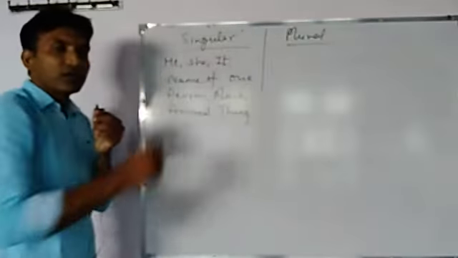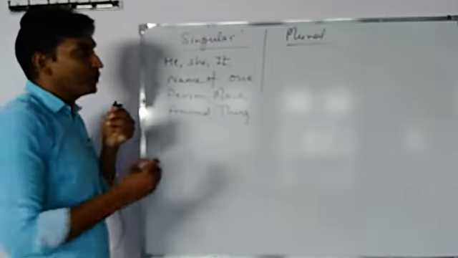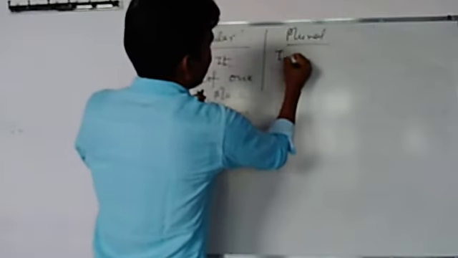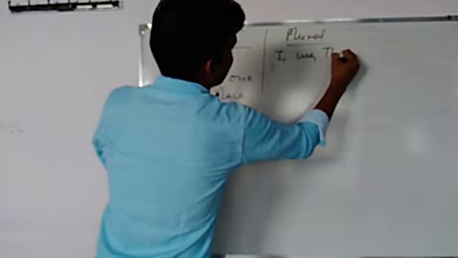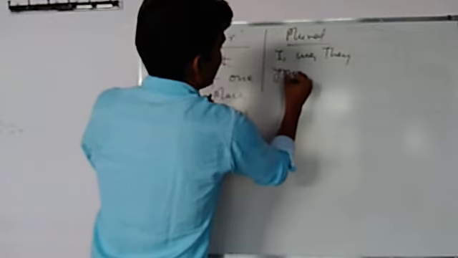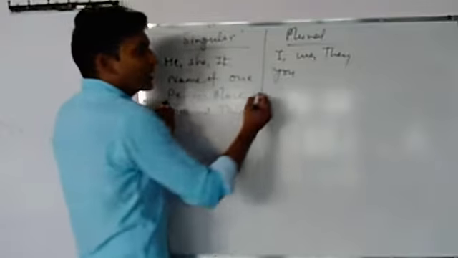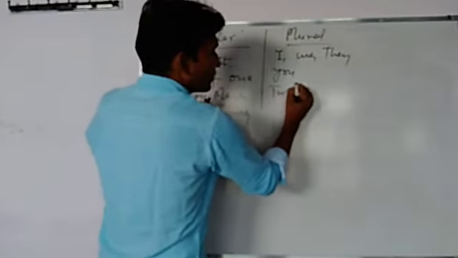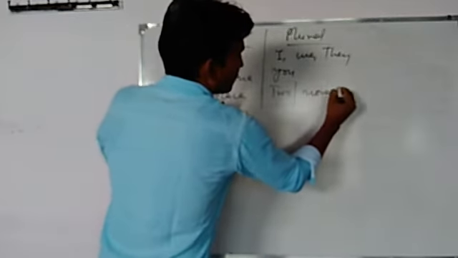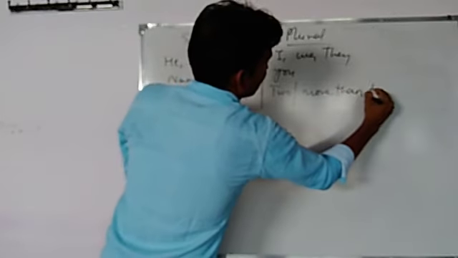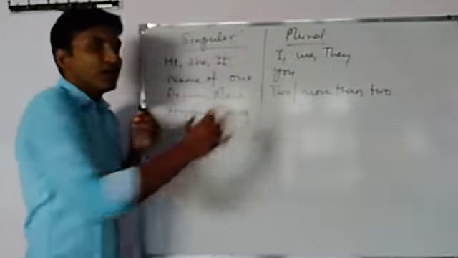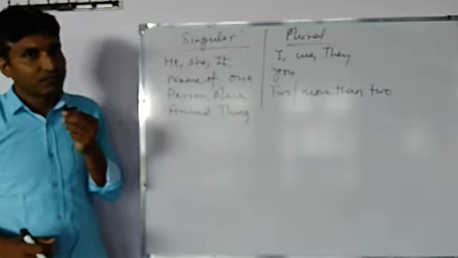So these are singular subjects. And plural are I, we, they, you, and things or animals or places or persons that are two or more than two. So they are plural subjects.